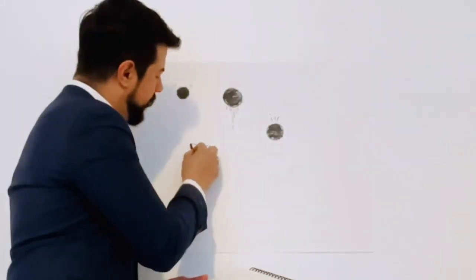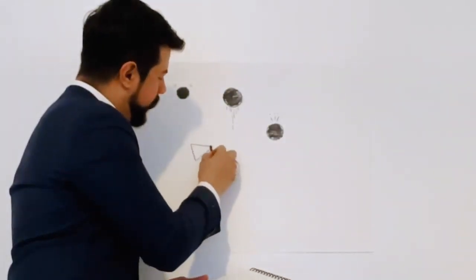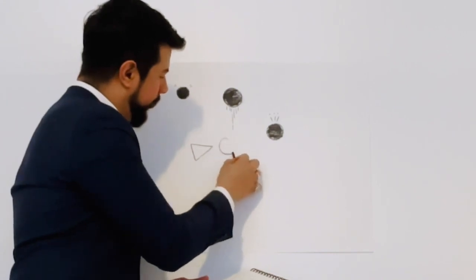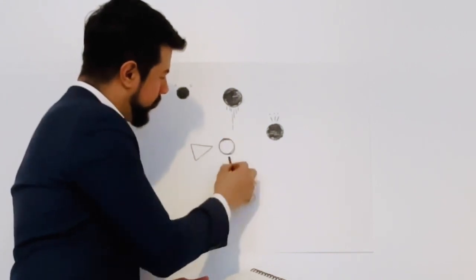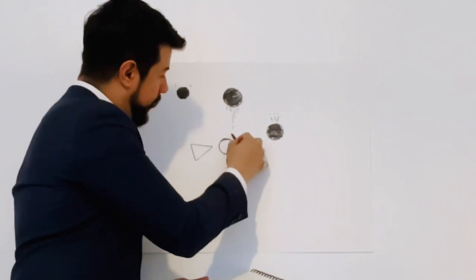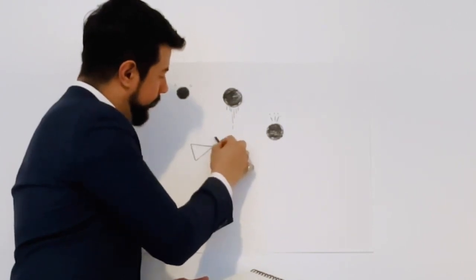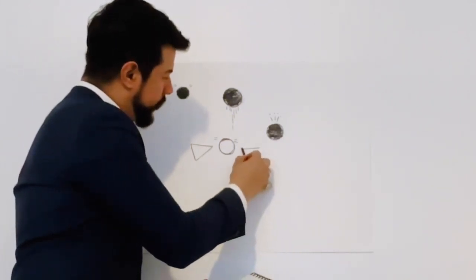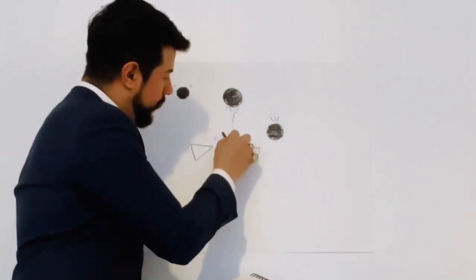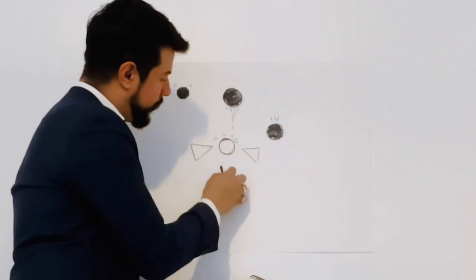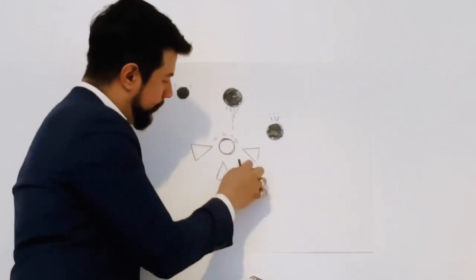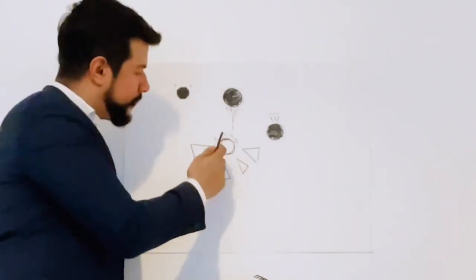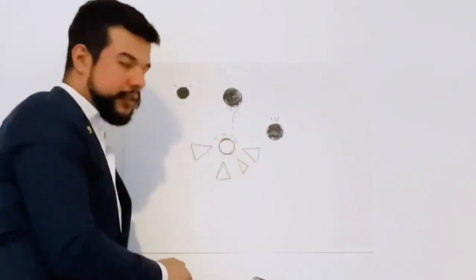I'm going to add a triangle, and I'm going to add right here a circle, and now more triangles. I feel like these convey a threat to this circle.